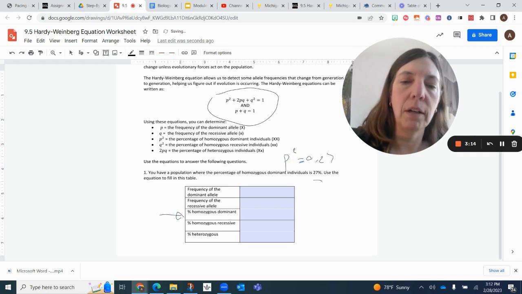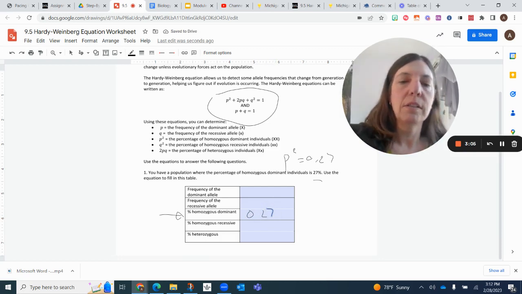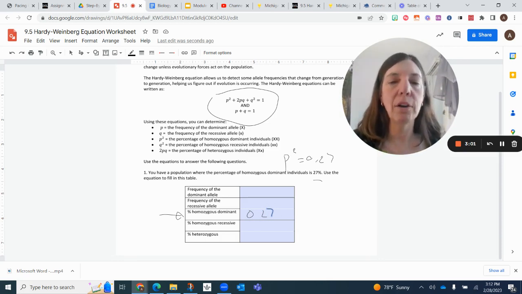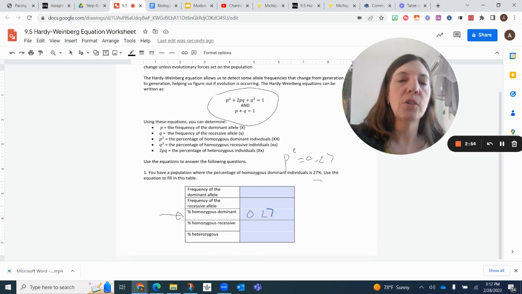And we can write it right here. Okay. So we have that. Now, how do we figure out what P is, the frequency of the dominant allele? Well, we have P squared. So what do we do?